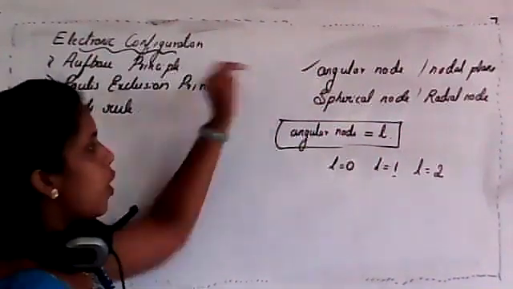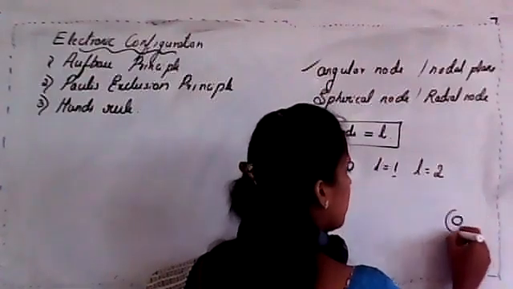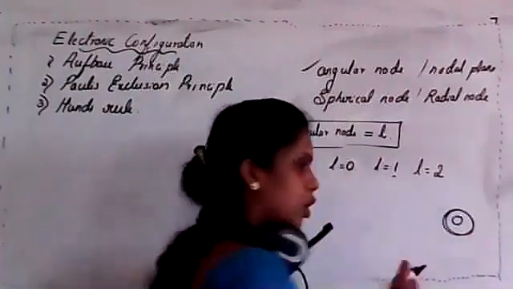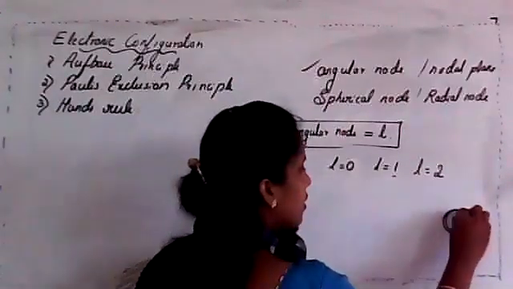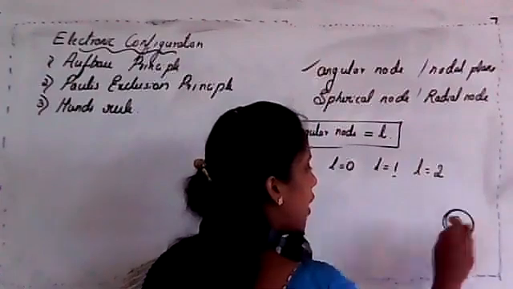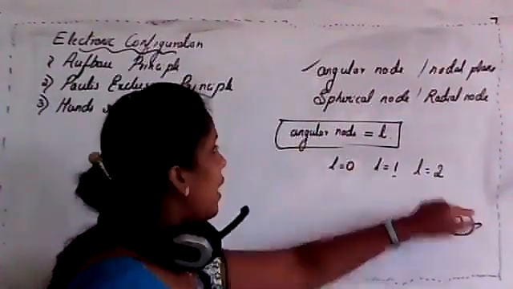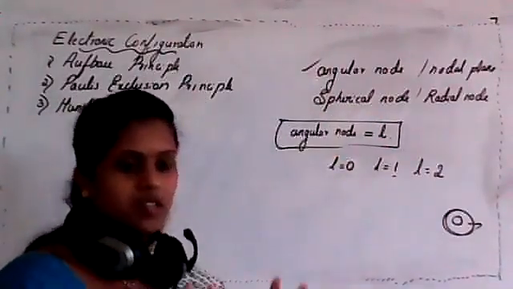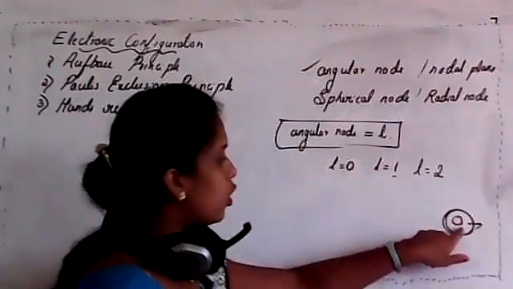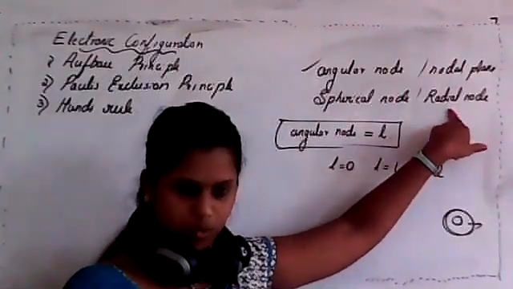Now the question, what do you mean by spherical node? I already mentioned, if we are considering 2s, there is some space around the nucleus which is empty, isn't it? That empty region, where the probability of finding an electron equals 0, is known as a spherical node or radial node. Clear?